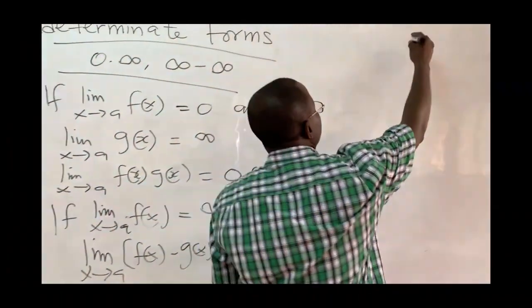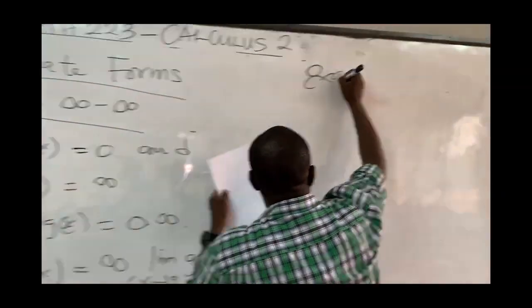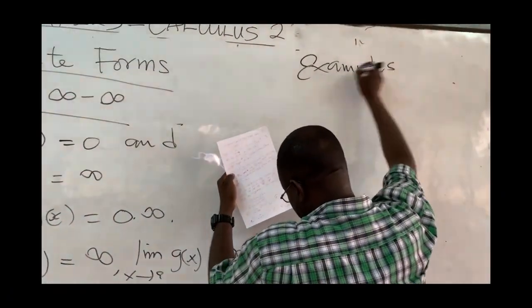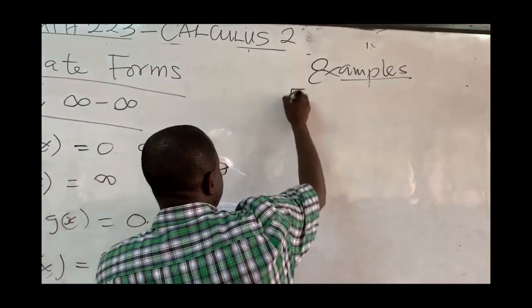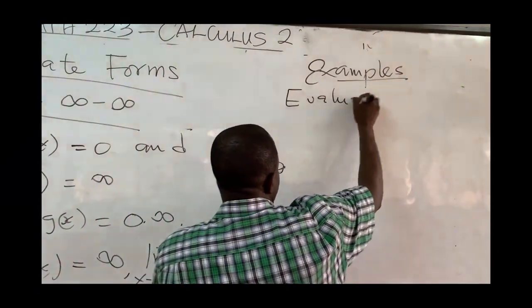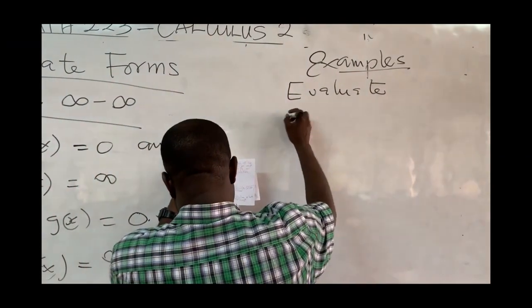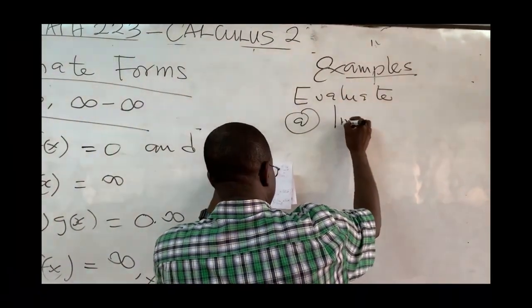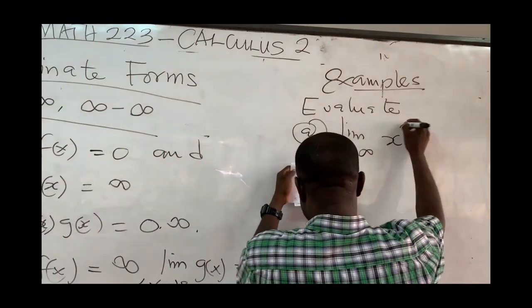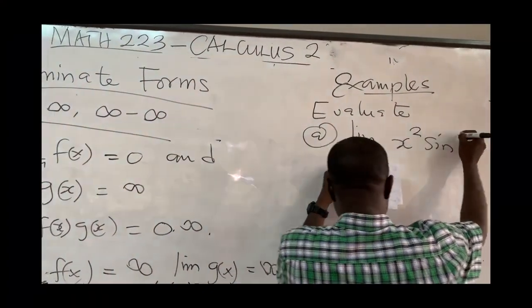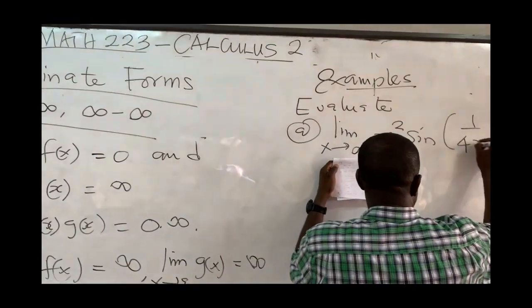So let's look at these examples. We want to evaluate: A, the limit as x goes to infinity of x squared sine of 1 over 4x squared.